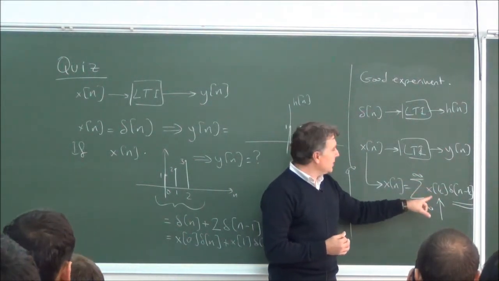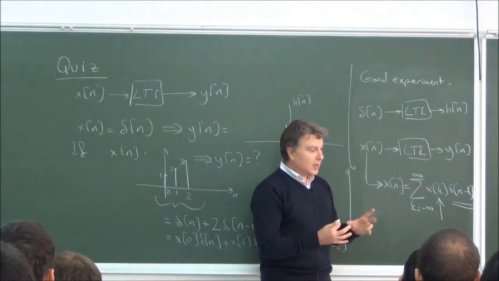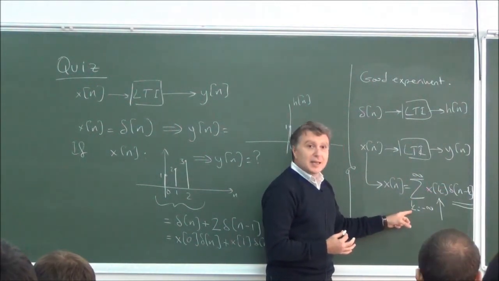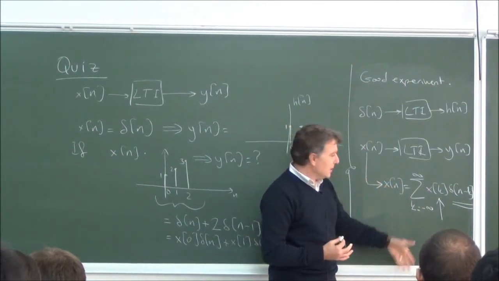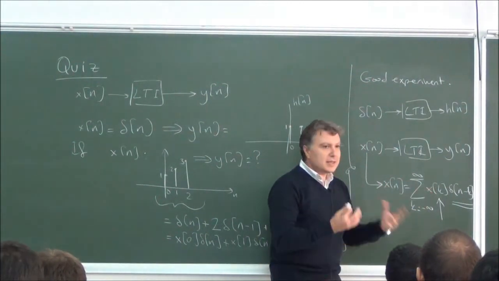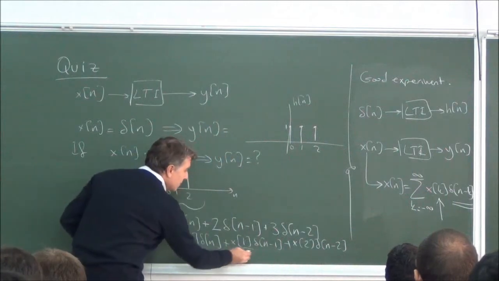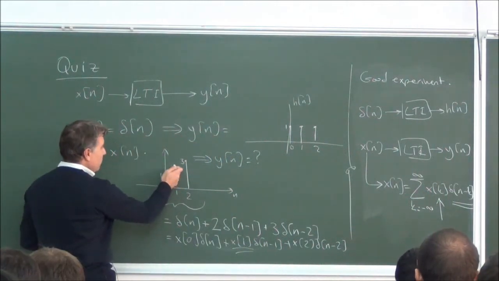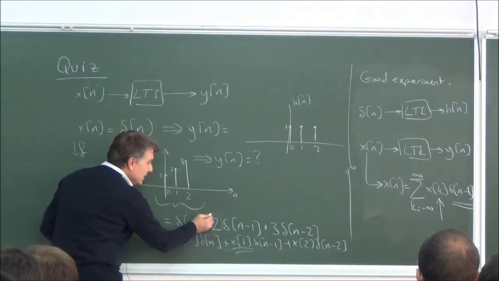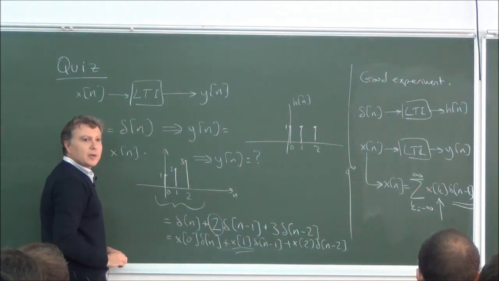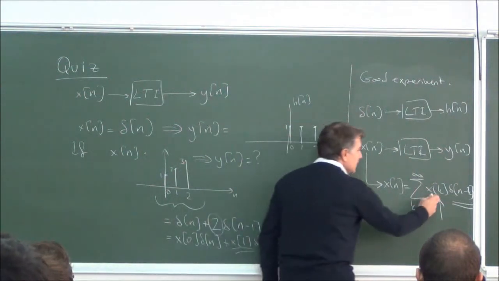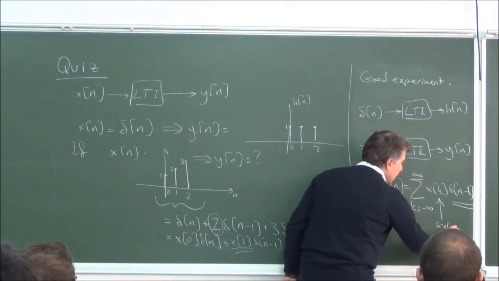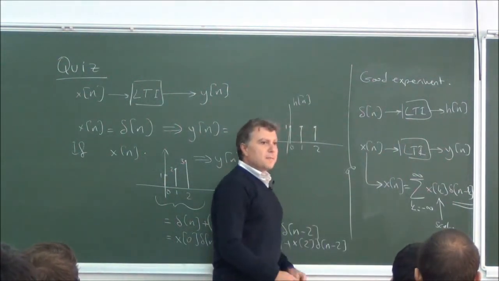Usually you interpret this x of k as a function, but you see that the running index is k. So for every k inside this running index, x of k is a value. For example, x of 1. And what is x of 1? It is 2. So it is this value that I'm talking about when I say x of 1. It's the value. These are scales, and these are shifted impulses.